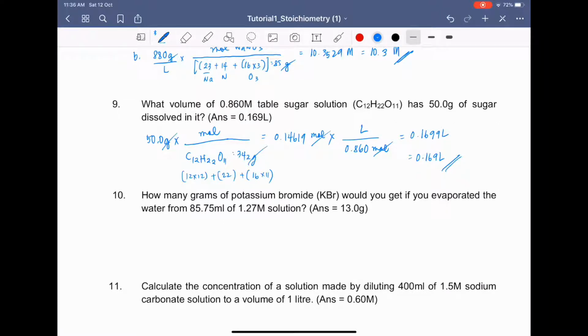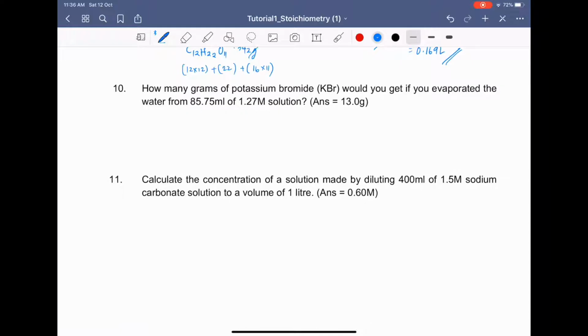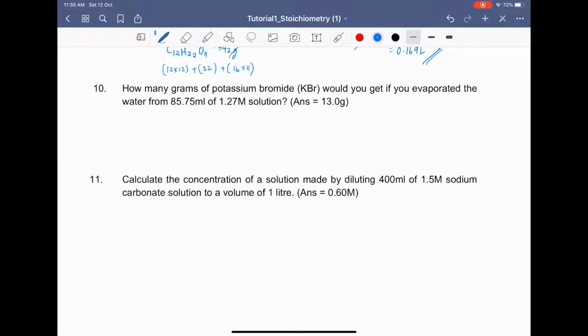Question 10. How many grams of potassium bromide would you get if you evaporated the water from 85.75 ml of 1.27 molar solution? So, molecular weight of potassium is 39.098, and then bromine is 79.904.